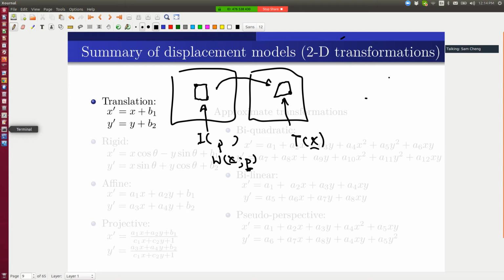Then basically what I want is I(W(x;P)) to be close to T(x), and I can just minimize this difference.